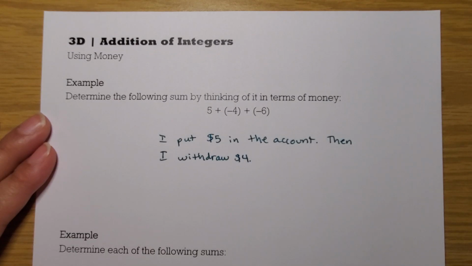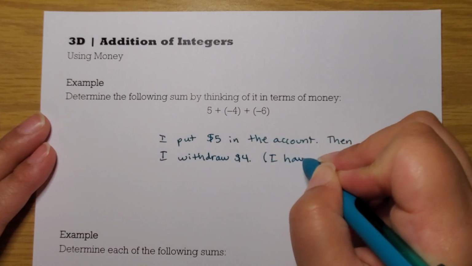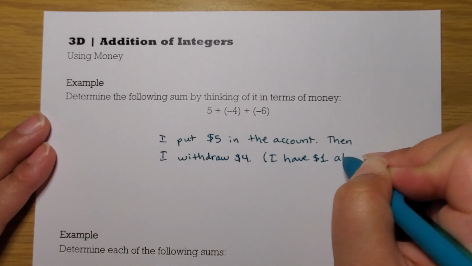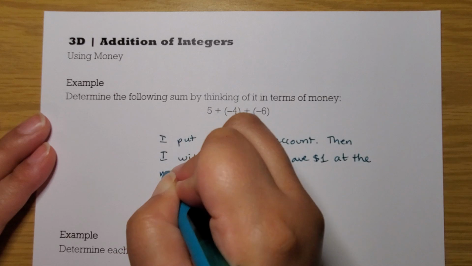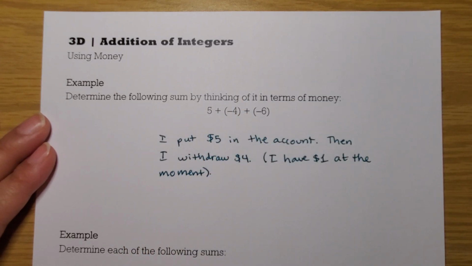So I've taken $4 out of the account. So I only have $1, basically, at the moment. Right? So I put 5 in, but I took 4 of them out. So there's only $1 left.